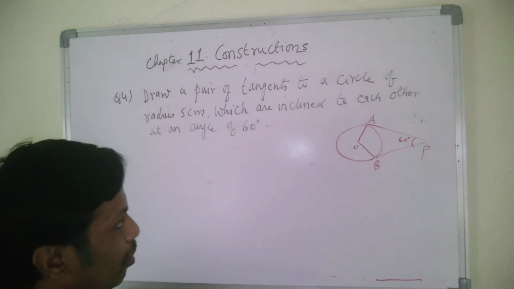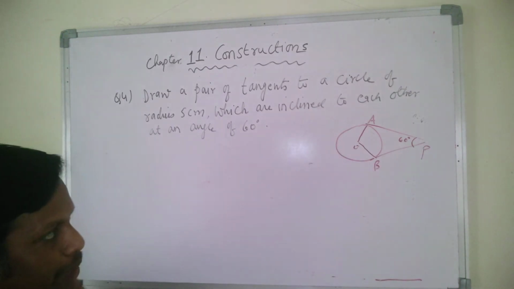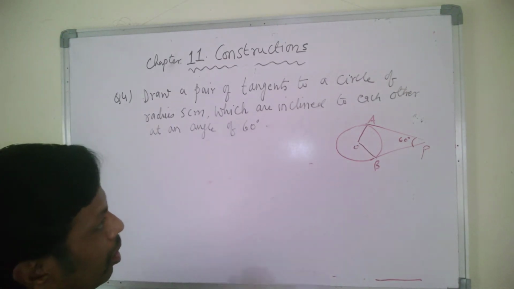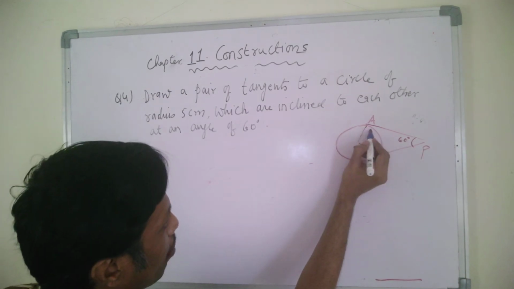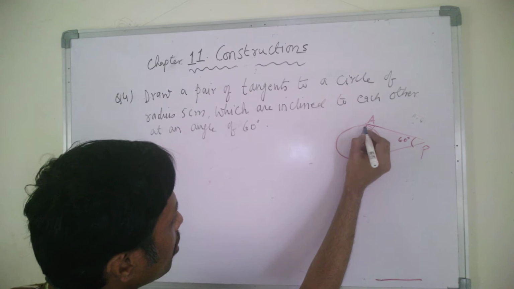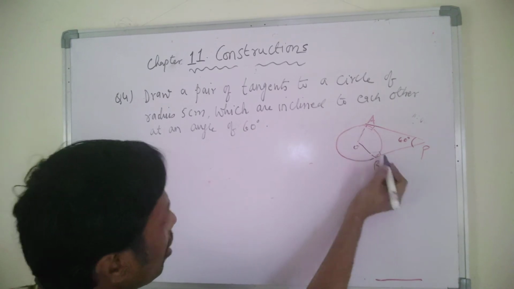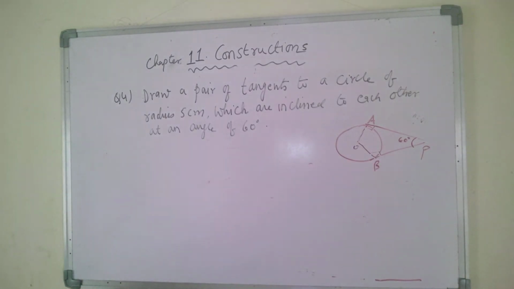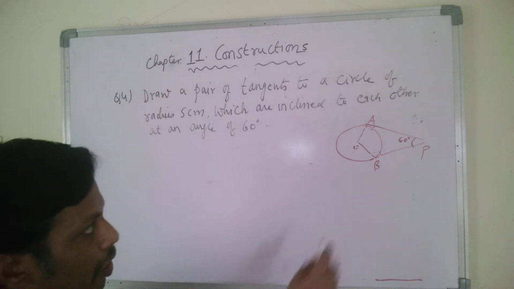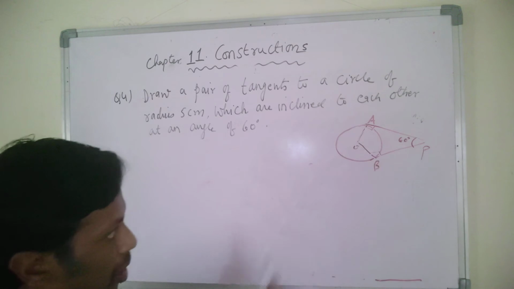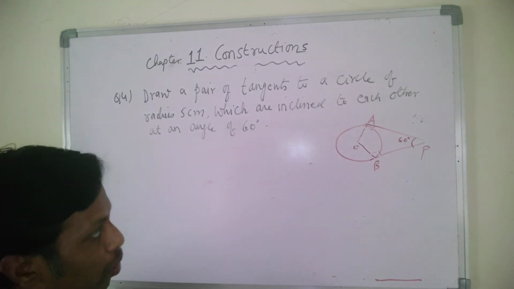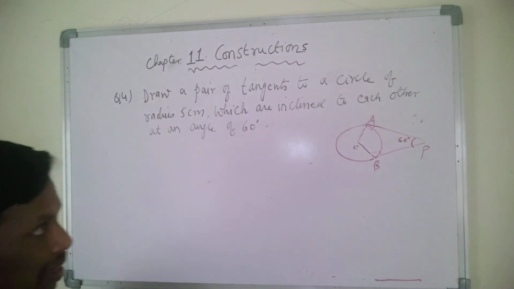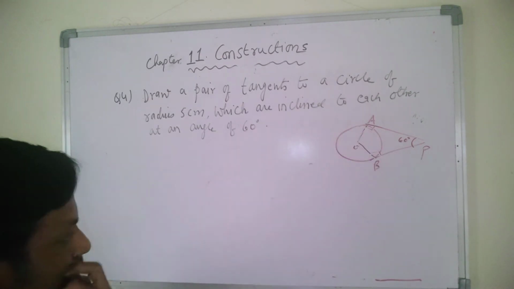So what we are going to do is that to locate the position of P exterior to the circle, you know that radius and the tangent are perpendicular to each other. So obviously this is your 90 degree, this is your 90 degree. So applying the ASP, angle sum property of the quadrilateral AOBP, you know that the total sum is 360 degree, out of which you know the three angles, they are 90, 90 and 60.